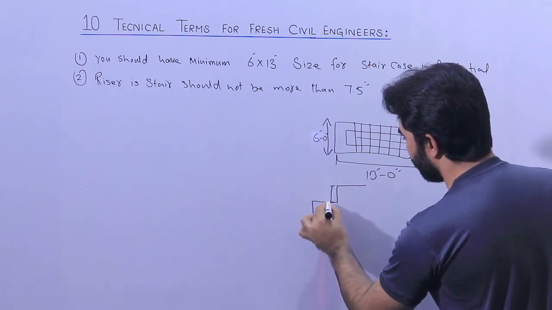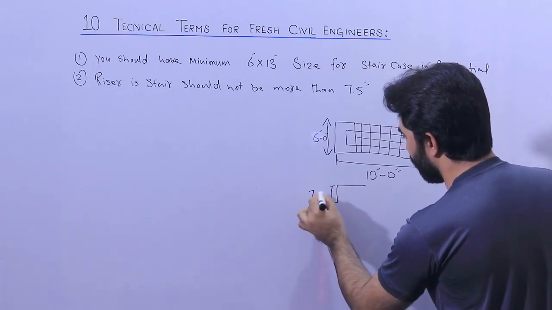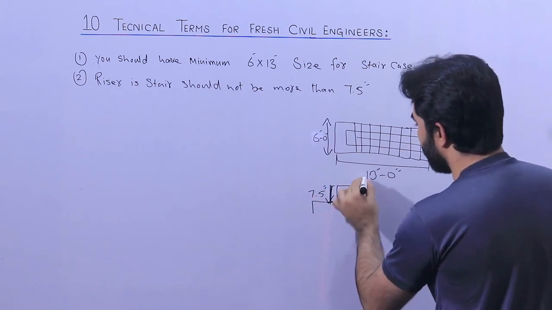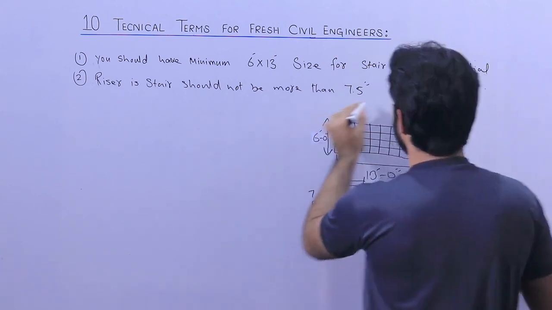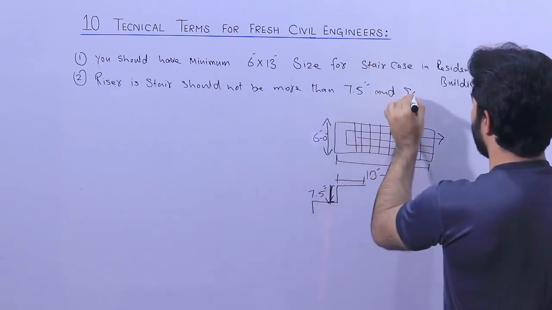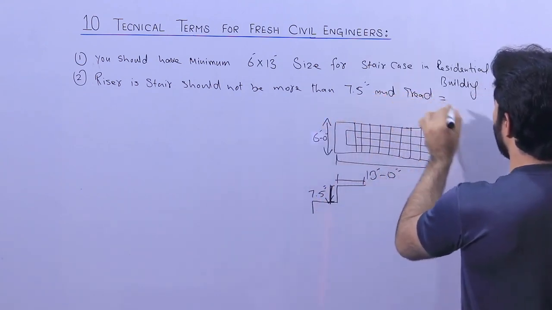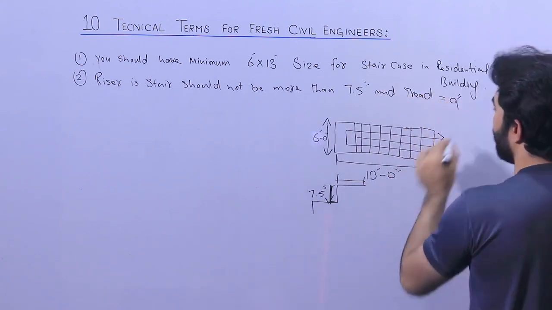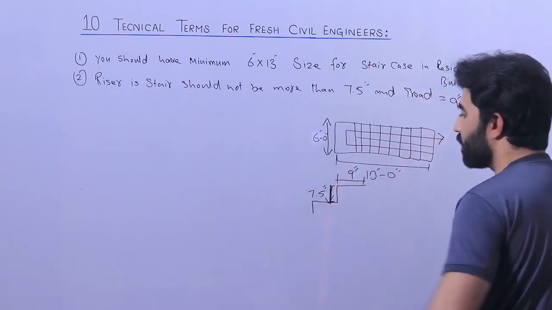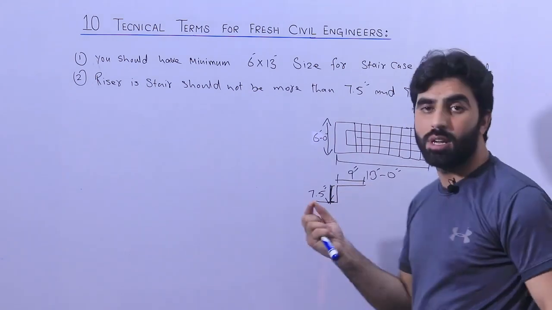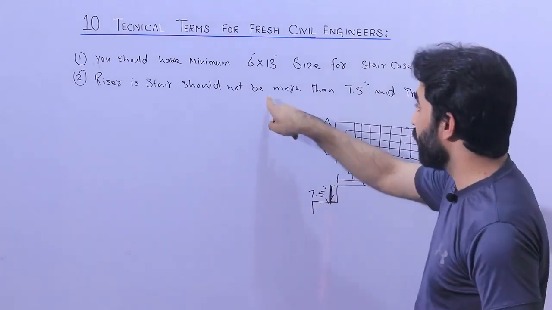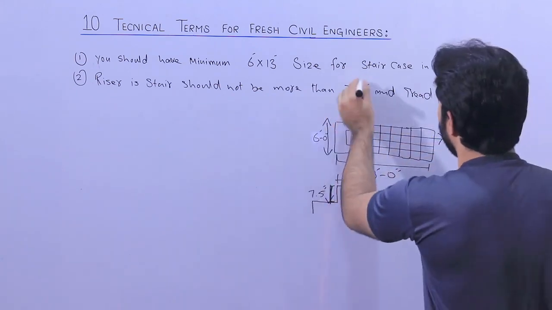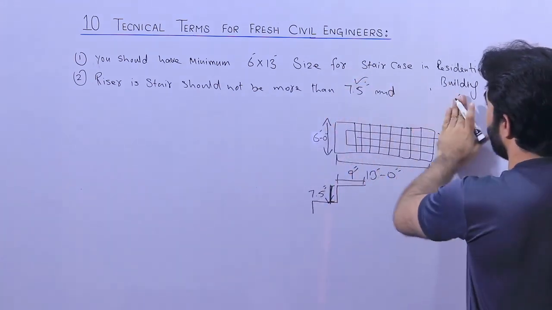So this riser should not be more than 7.5 inches in depth. And the tread should not be less than 9 inches. This is the minimum. Riser 7.5 inches and tread 9 inches, but the riser should not be more than 7.5 inches and the tread not less than.